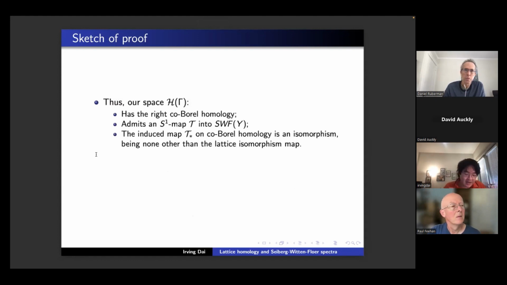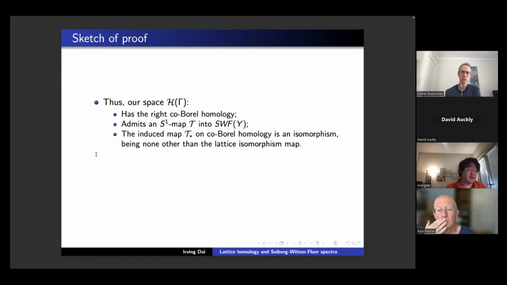In the non-equivariant case, we're probably all familiar with the fact that if you have a map between simply connected spaces, the Whitehead theorem tells you that a weak homotopy equivalence is as good as a homotopy equivalence, right? So what you can show is that in this setting, having an S1 map between the two spaces, which induces an isomorphism on co-Borel homology, actually suffices to show that your two spaces are S1 homotopy equivalent.